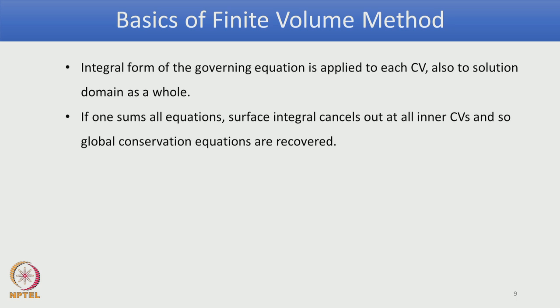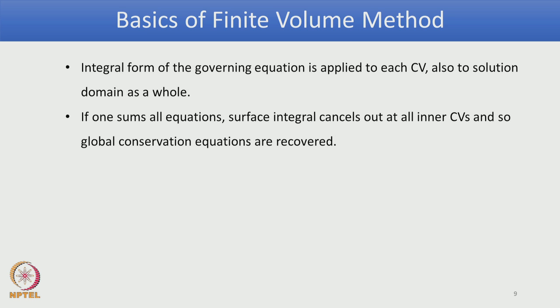Then if you sum all the equations, one for each control volume, what happens to all the surface integrals evaluated at the control surface for flux going in and flux going out?